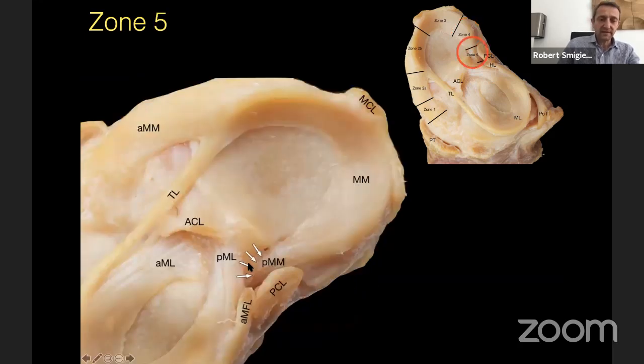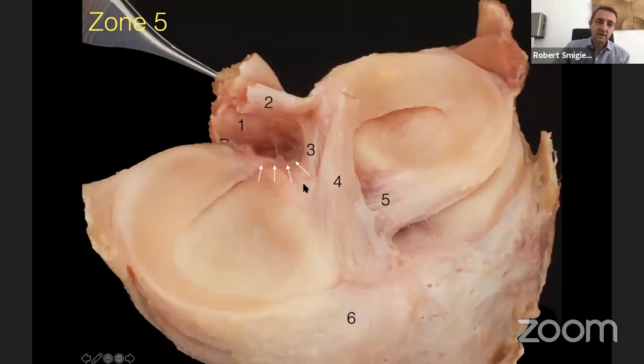Zone 5, finally, is the posterior root of the medial meniscus, and for everyone who is doing meniscus transplantation, zone 5 is under the PCL. It means it's very hard to get to, and of course it's very hypovascular. It's a very badly vascularized area, and if we have a posterior medial meniscus root tear, then any kind of suturing, in my opinion, is useless.